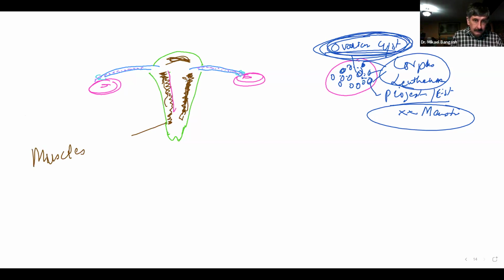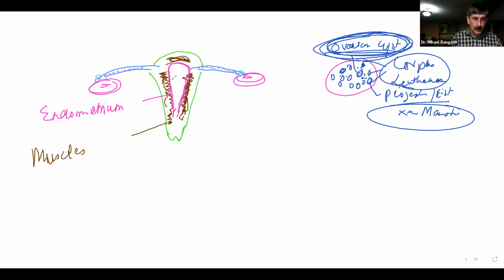Inside of the uterus, we're going to have a thin membranous lining, and that's what we'll call the endometrium. So the inner lining of your uterine passage is what we'll call the endometrium.